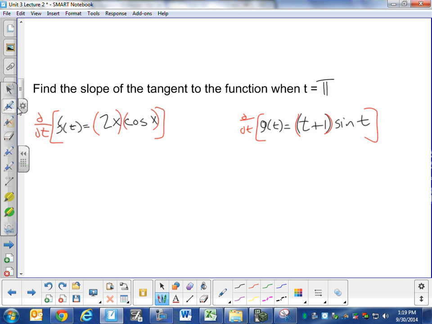Yeah, those x's in the first function are supposed to be t's. That's my bad. All right, check your answers.